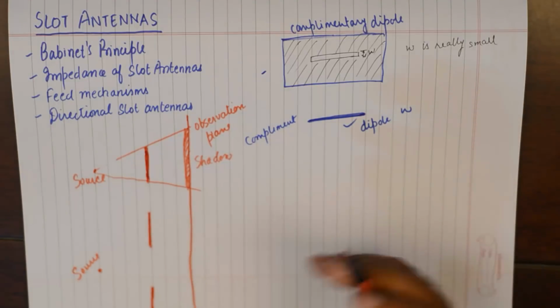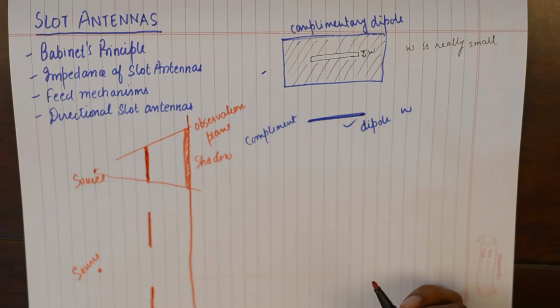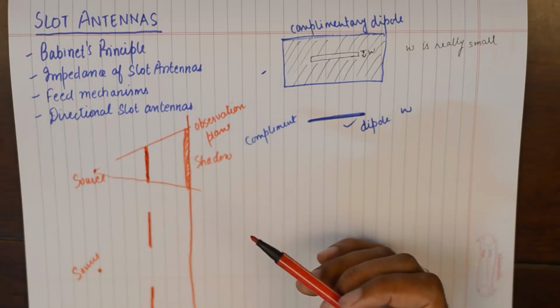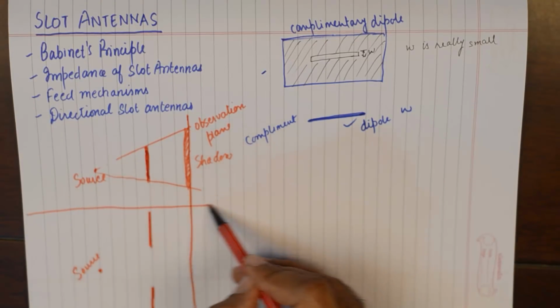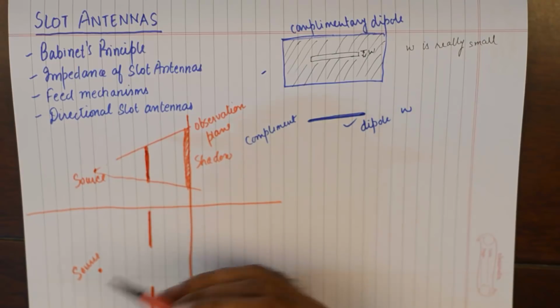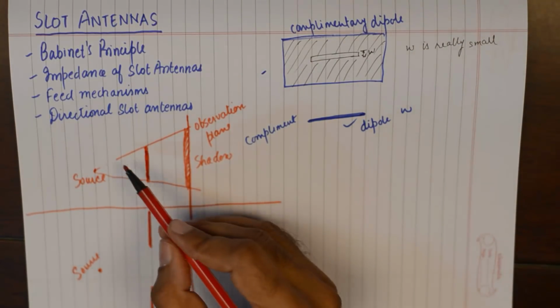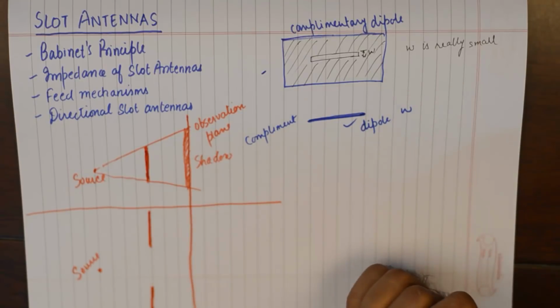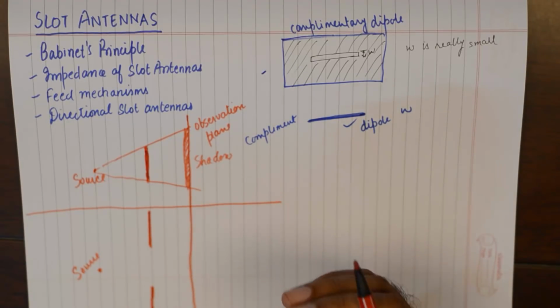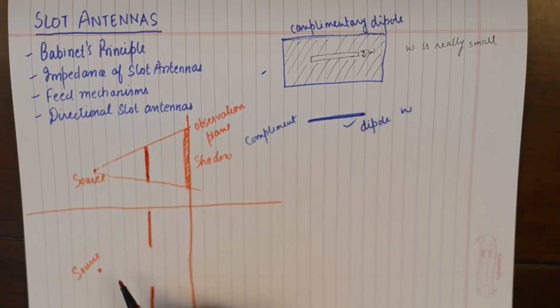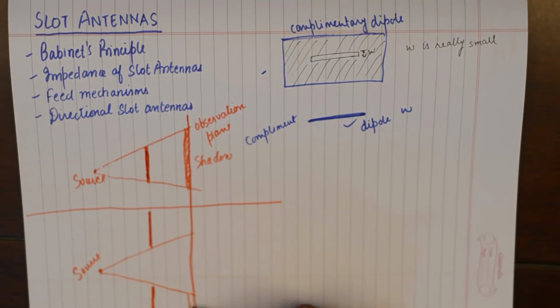So again, my focus is to understand the complementary things. In these two cases, we are trying to achieve the complement of each other. We are trying to replace the area where the screen was placed with no screen, and the area of no screen with screen. Now, courtesy of this setup, we'll get shadows here.